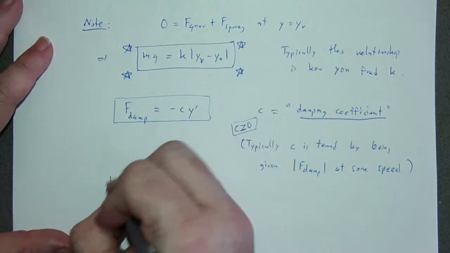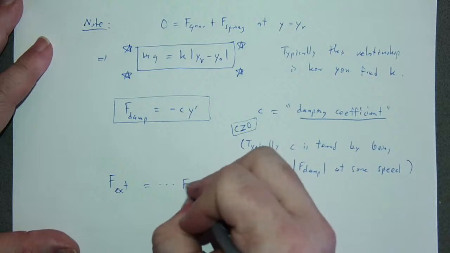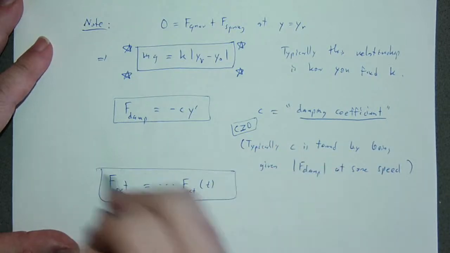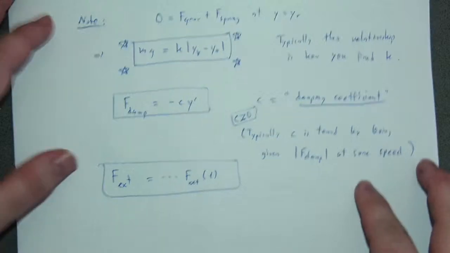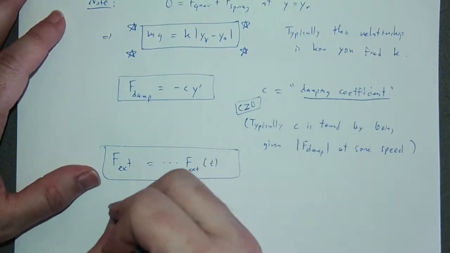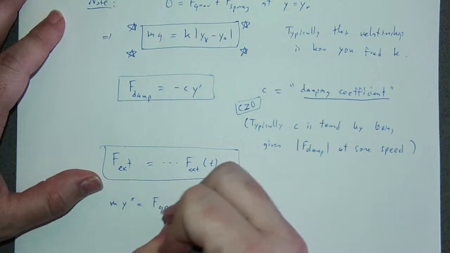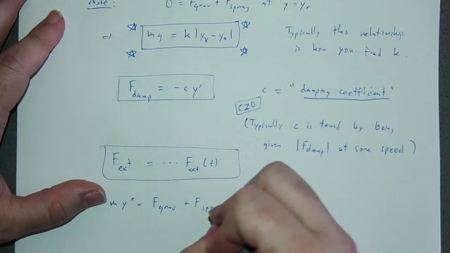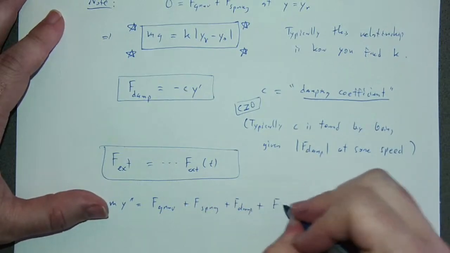The external force we leave to later. That's going to be some function of t that I'll call the external force at t. Putting all of those things together, I go from m y double prime equal to the gravitational force plus the spring force plus the damping force plus the external force.